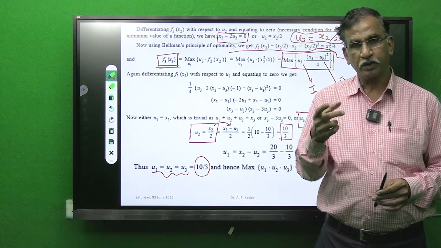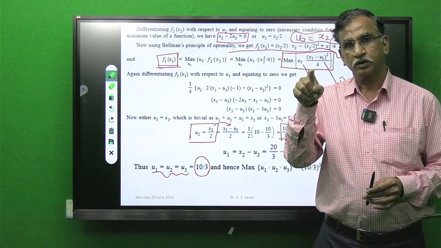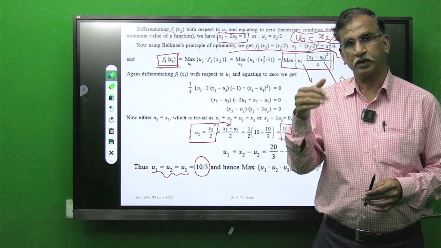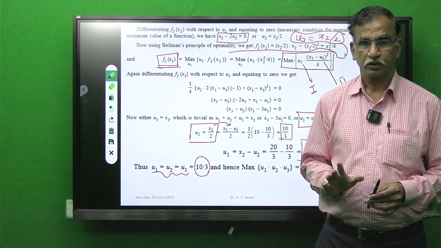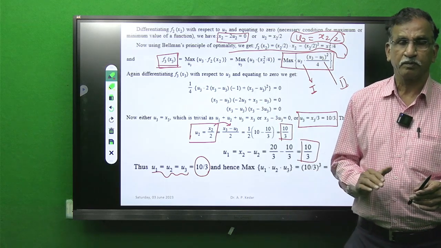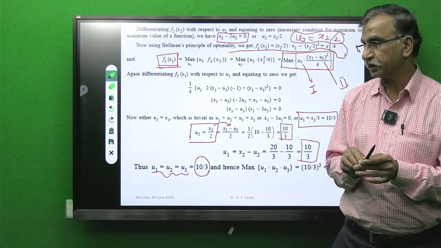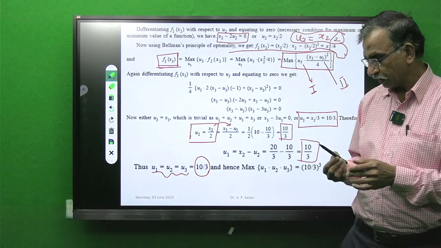We can have another problem where maximum z is equal to u1 square plus u2 square plus u3 square. Find the values of u1 and u2. In this way, discrete variable problems and continuous variable problems are solved by the concept of dynamic programming.